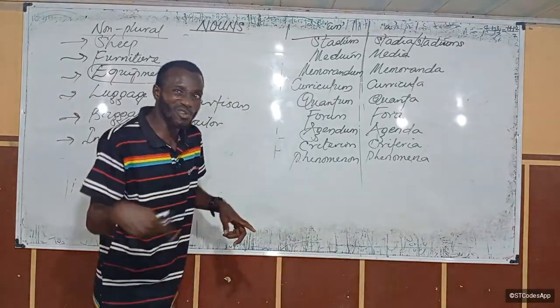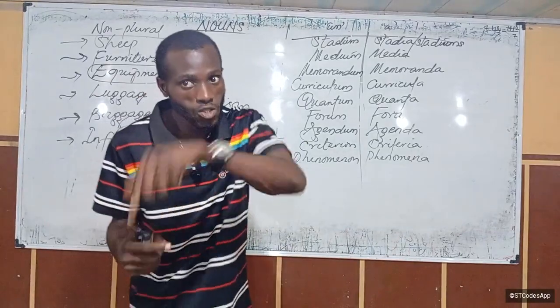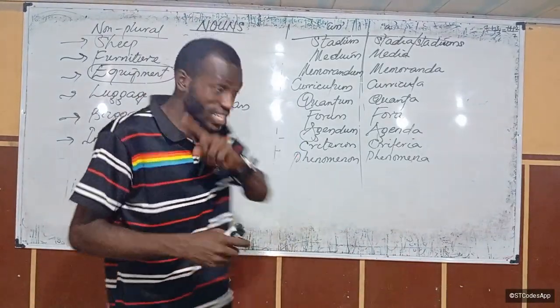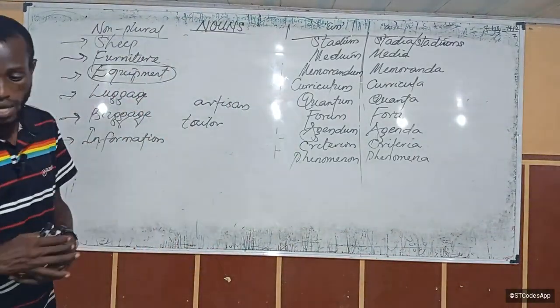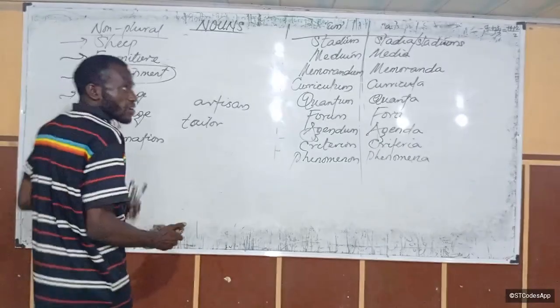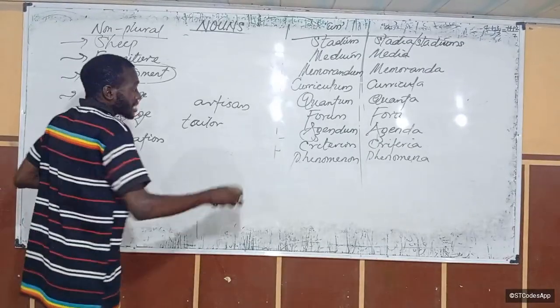So you now say those are equipments because they are from different sources. Does that make sense now? So that's the only condition for these words to take plural. But you rarely have that, and you almost cannot even have that.